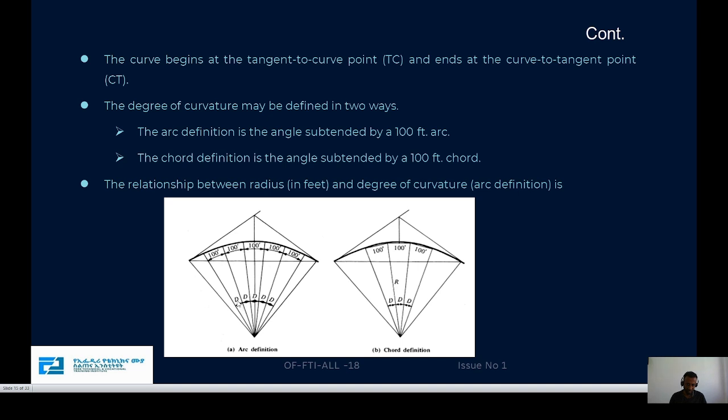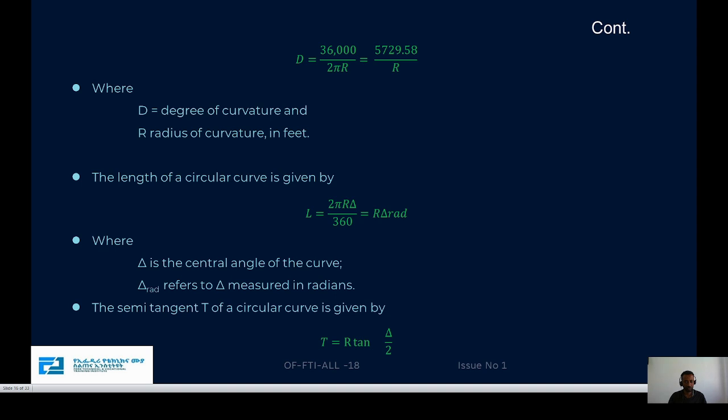The chord length is the shortest distance between the preceding lines.